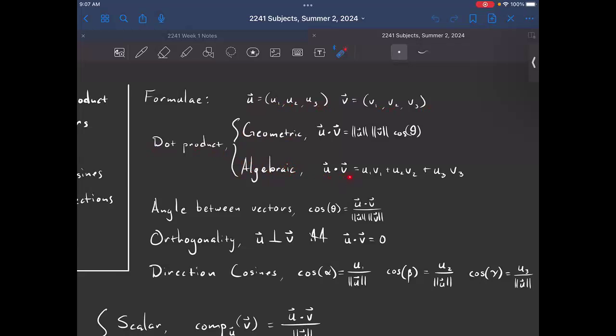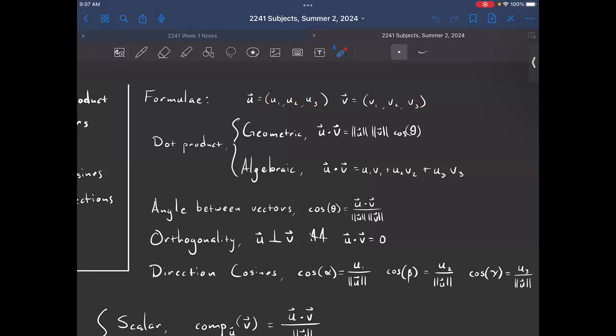U dot v is equal to the sum of each component multiplied together. So it's sort of like the norm, but doesn't have a square root, and you multiply corresponding components of these vectors instead of just multiplying these guys by themselves.